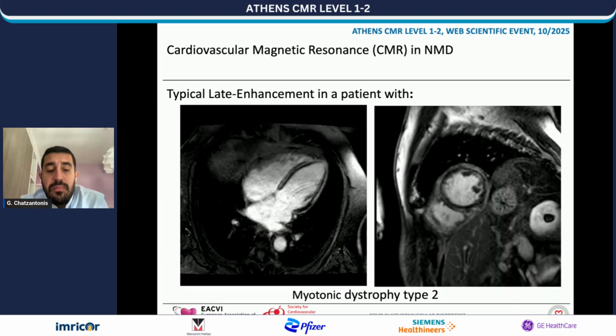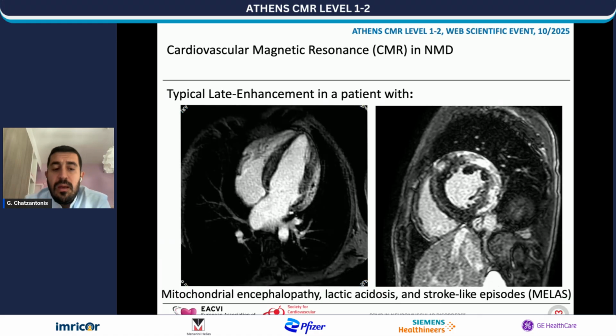And that is a patient with a myotonic dystrophy type 2. It has typical subepicardial late enhancement of the whole septum from basal to mid, and extends also to the septum mid wall. And this patient was at first diagnosed as hypertrophic cardiomyopathy, as many of them are.